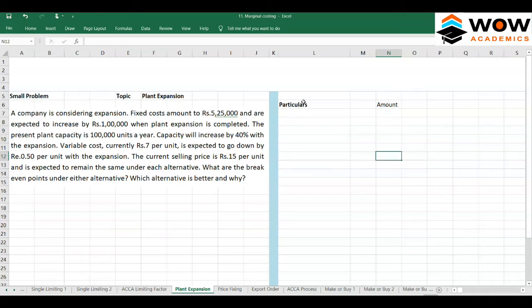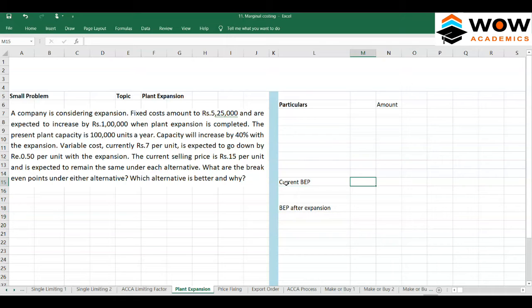We can work out BEP before expansion, current BEP, and BEP after expansion. So we'll take two headings and we'll work it out.